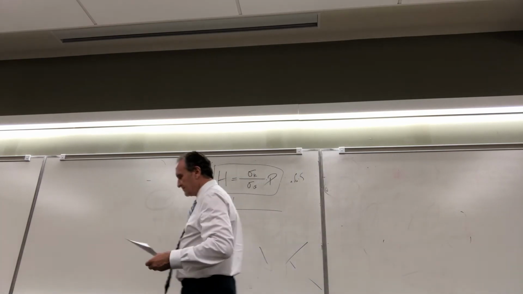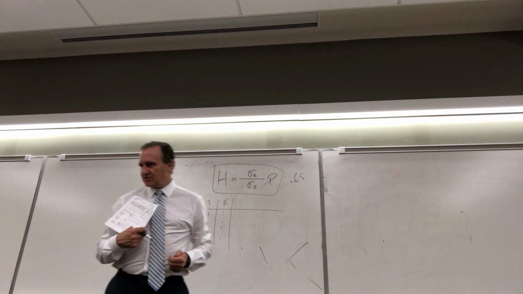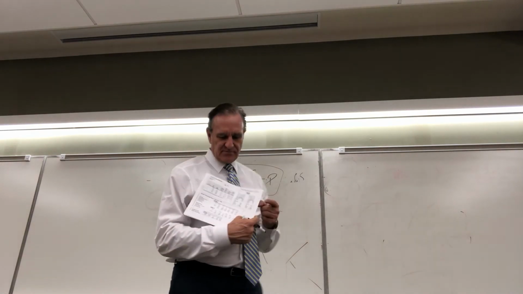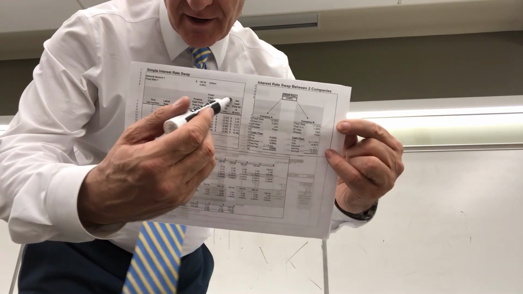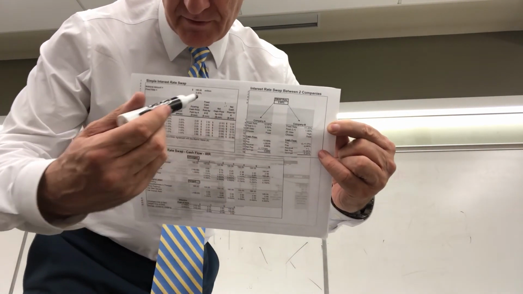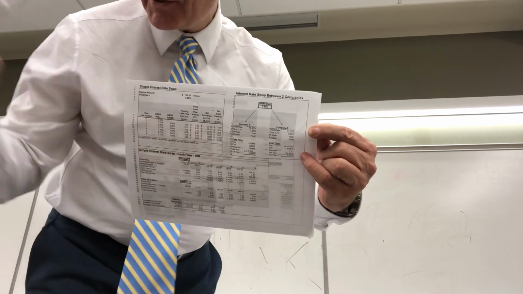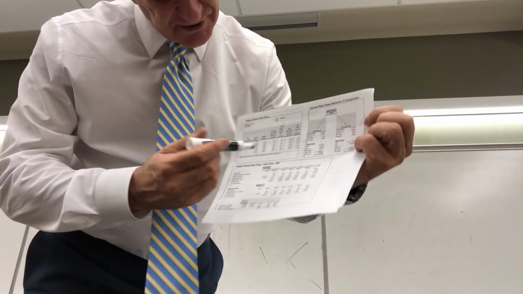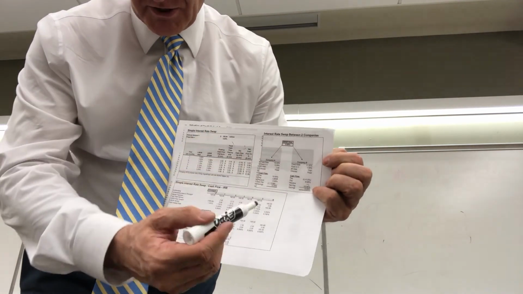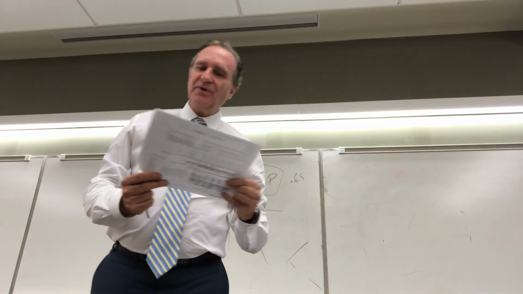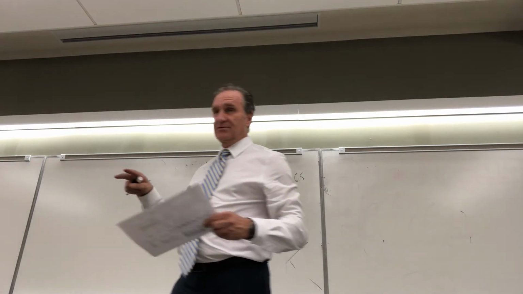Okay? It's in my Excel sheet. Right here, you swap here. You can actually go to the video. So this is the simple swap. And the next question could be an interest rate swap between two companies.